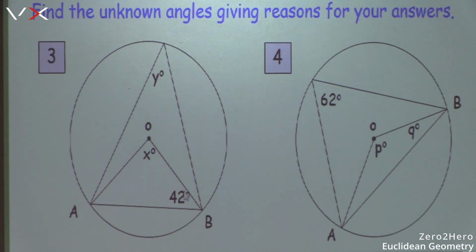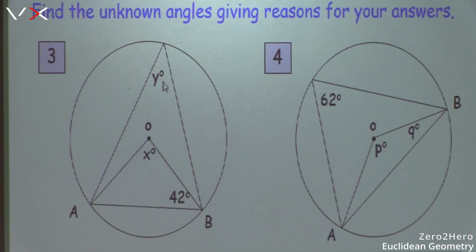The fact that OB is the same as OA makes triangle OAB an isosceles triangle. Then 180 minus 2 times 42 gives me 96 degrees. So the value of x is 96, and x is at the center.